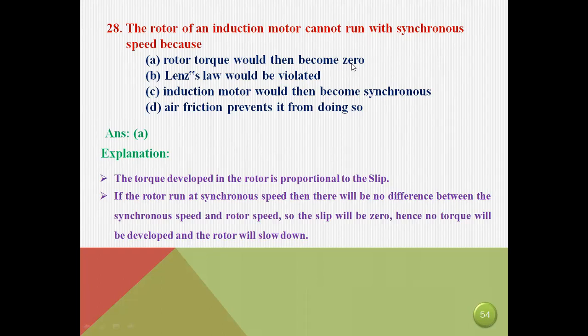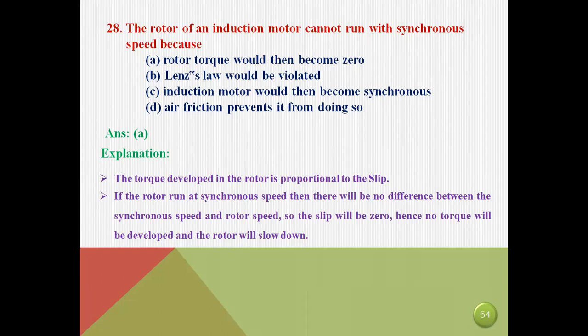If we take N equal to Ns, our slip equation is S equal to Ns minus N upon Ns. So if we take both as the same, you will get 0 upon Ns.